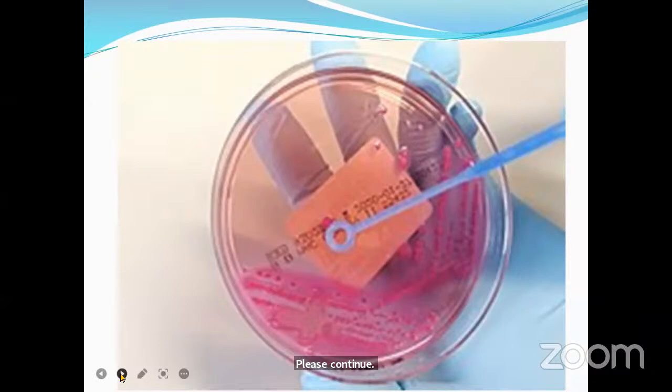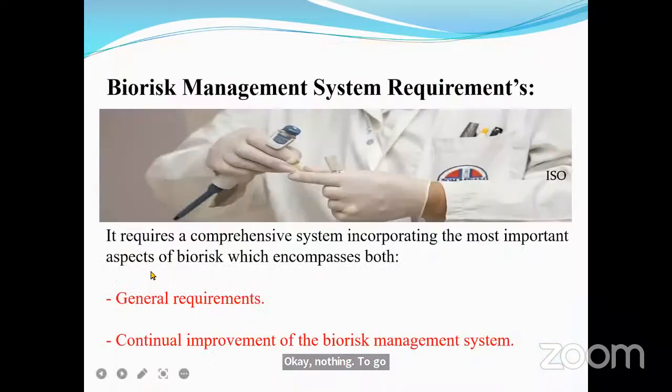For the requirements of biorisk management, there are two important aspects that have to be available to start biorisk management. The first one we call the general requirement.